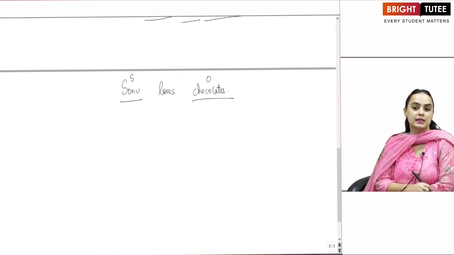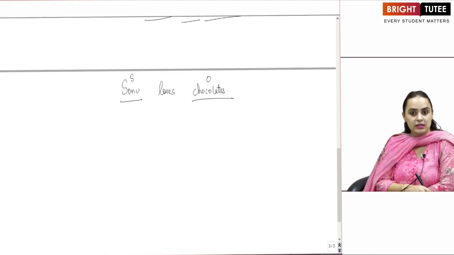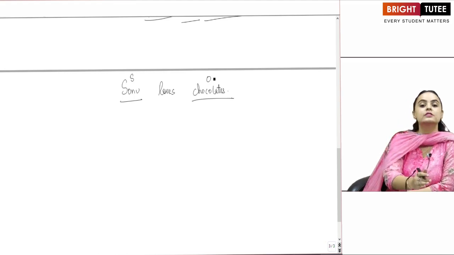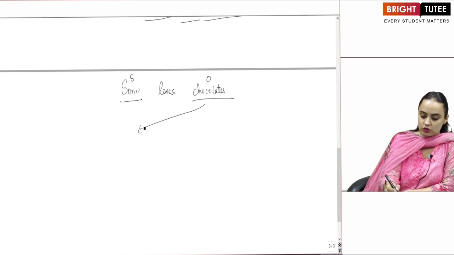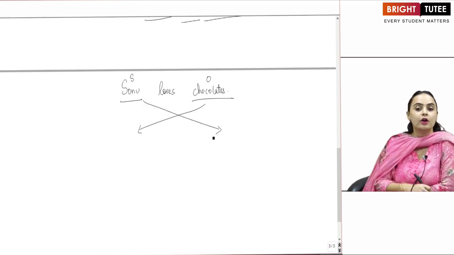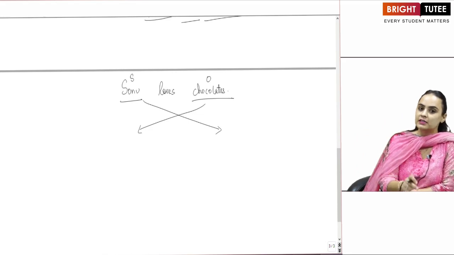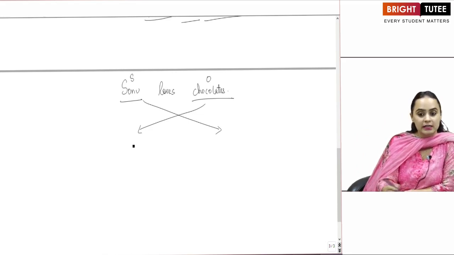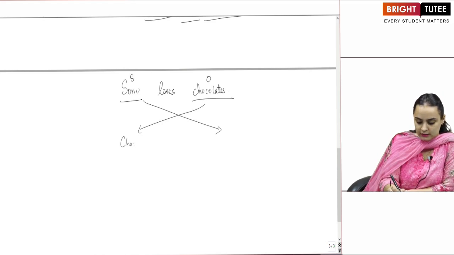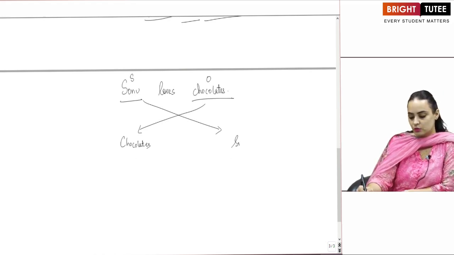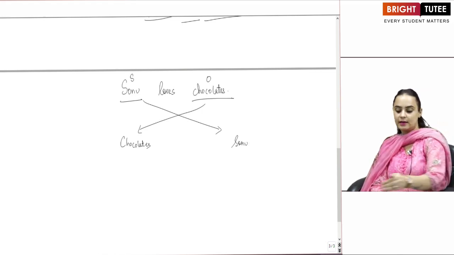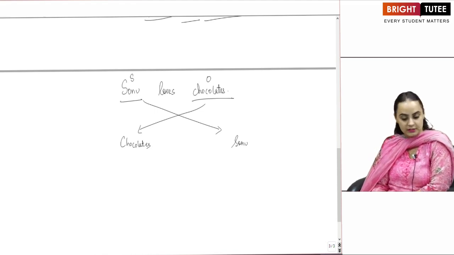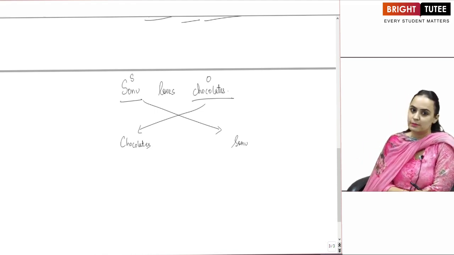The first thing that takes place when changing an active sentence to a passive sentence is the interchanging of the subject and the object. Object comes in the place of the subject now. What is my object? Chocolates. What is my subject? Sonu. So, object becomes my subject and my subject becomes my object. And what is left is my verb.